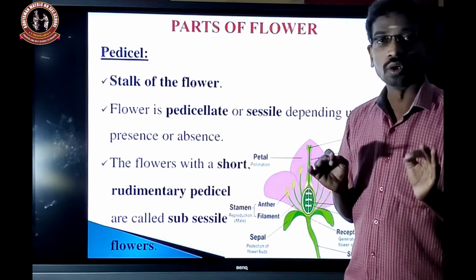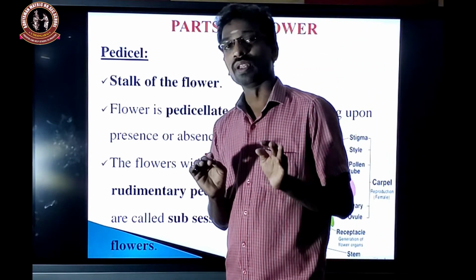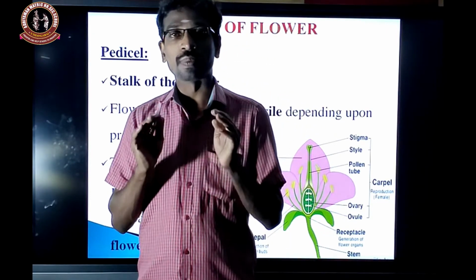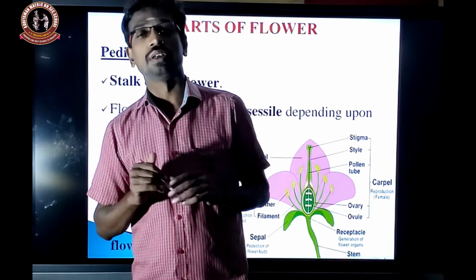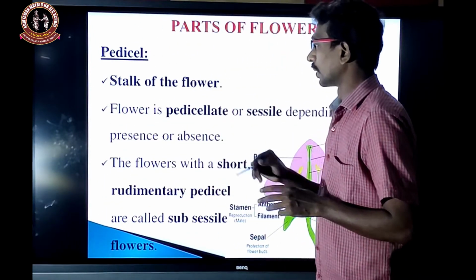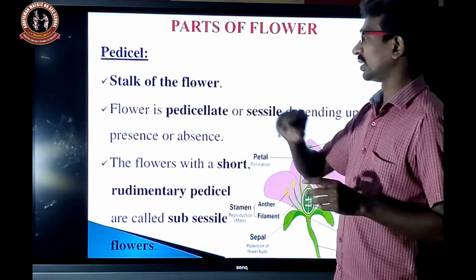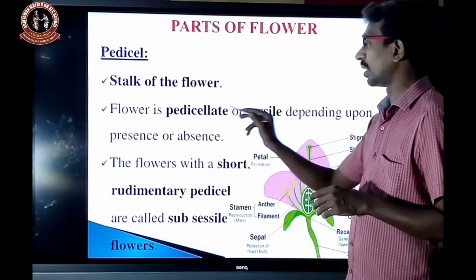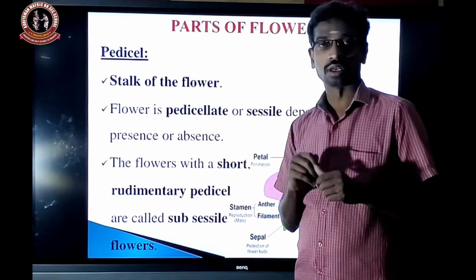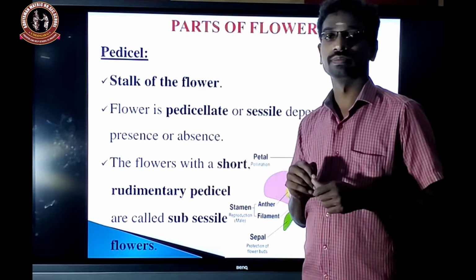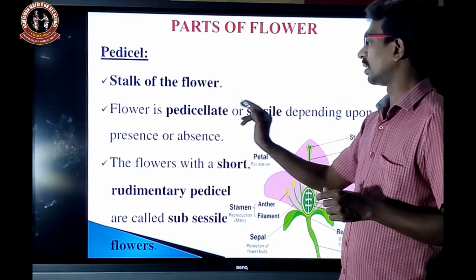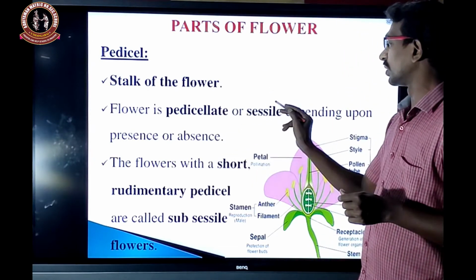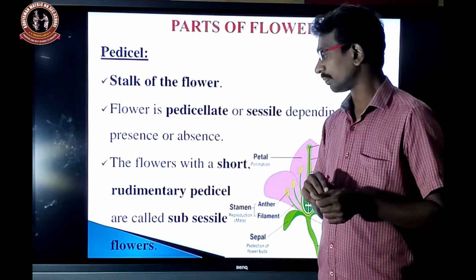Pedicellate flower means those flowers have the stalk. Sessile flower means the particular flower does not have the stalk. Presence of pedicel means the flower is called pedicellate; absence of pedicel means it is said to be sessile flower.